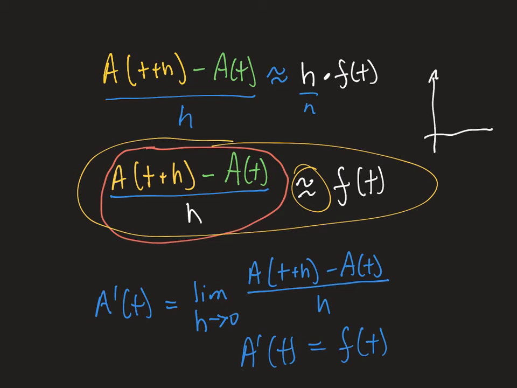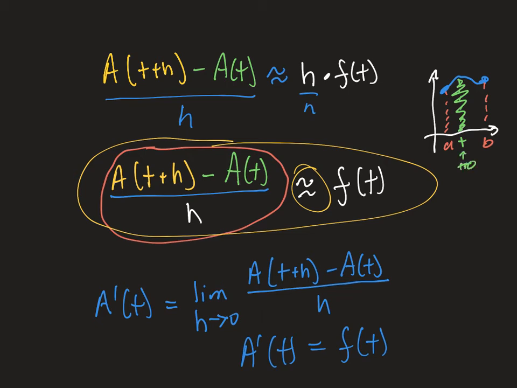Let's go back to our picture. I'm going to sketch it quickly. If h is 0, t and t plus h are in the same place, right? So here's a, here's b, and here's t. And remember, h is the distance between t and t plus h. But if it's 0, t plus h is the same. Okay?